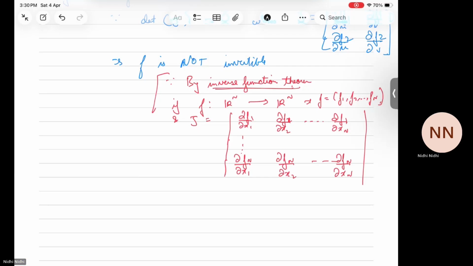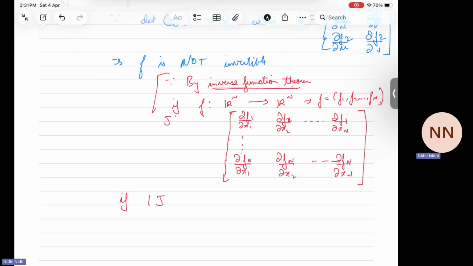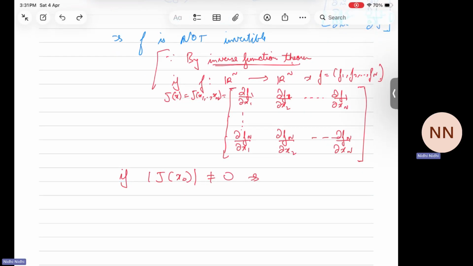Now if this is the matrix, and if the determinant of J, which we can write again as a function of x, J of x, with x1 up till xn, is non-zero at some point x naught in Rn, then this function f is said to be locally invertible.